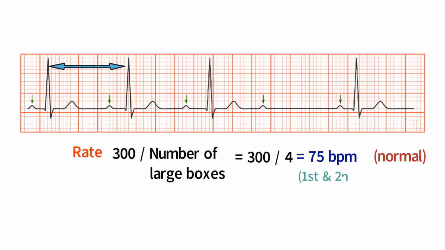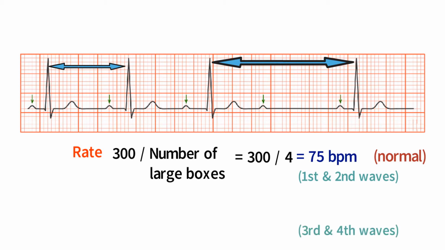But look at between the third and the fourth wave. It will be about 1, 2, 3, 4, 5, 6, 7, and almost half large boxes. So if you calculate the rate between the third and the fourth wave, it will be about 300 divided by 7.5 large boxes, and this will be about 40 beats per minute.